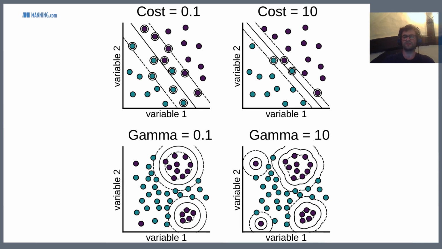And so you get a similar kind of trade-off with gamma as you do for the cost hyperparameter. So if you set gamma too high, then you'll start fitting the noise in your training set rather than finding real patterns that will generalize well to future data sets. Whereas again, if you set your gamma too low, then your model will be insensitive to real patterns that exist in your data.